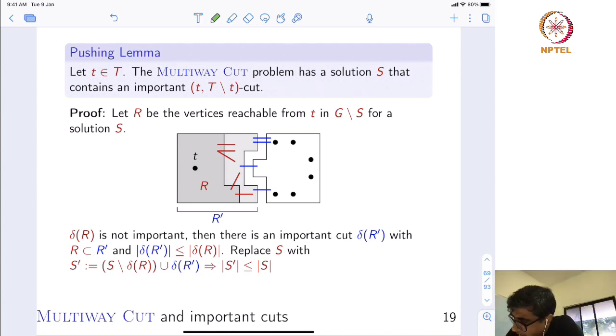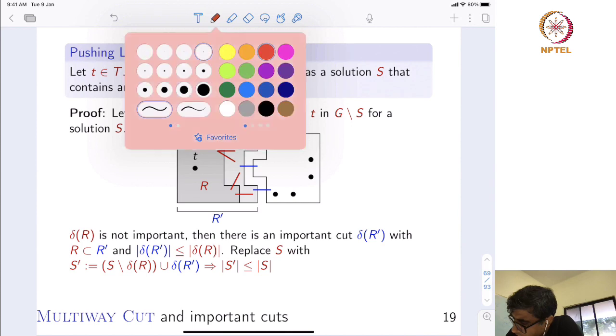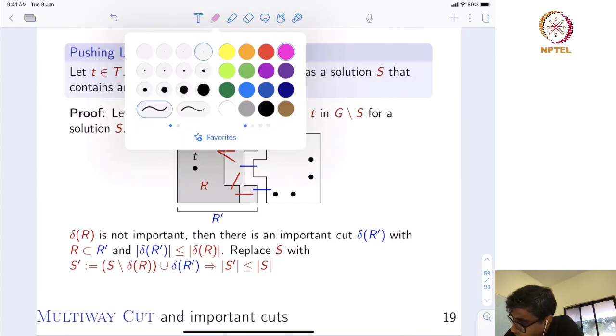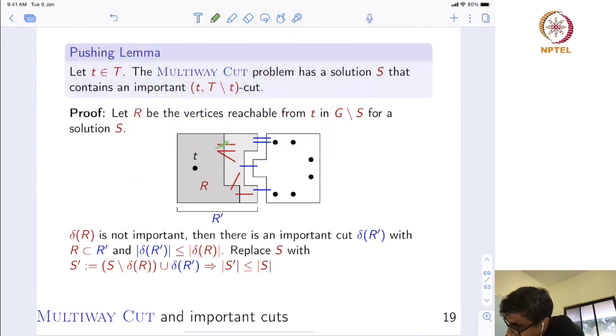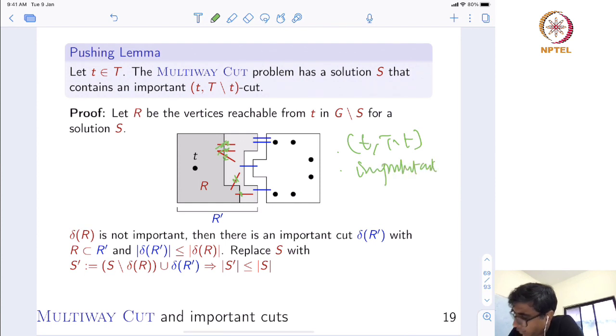So the red edges are, okay, let me use green color. These are the edges of R, but R I know is not an important cut. So what I'm going to do, I'm going to let R prime be a T minus T important cut, okay, R prime.